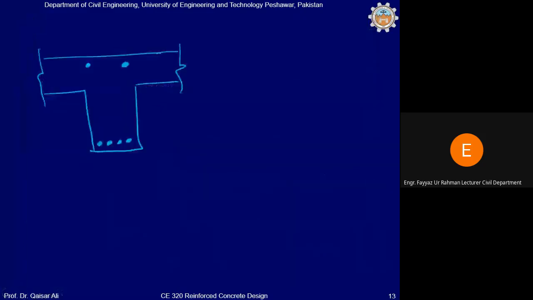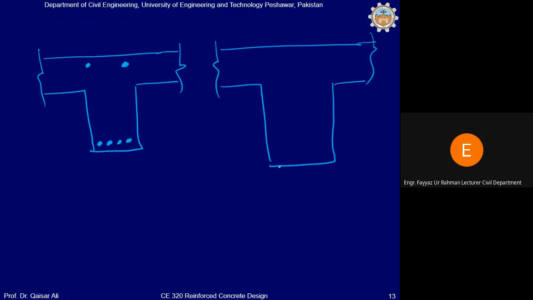Okay, and in section B, you can see four bars will be in the bottom because there is no curtailment, and in the top there will be 5 bars in first layer and 2 bars in the second layer.